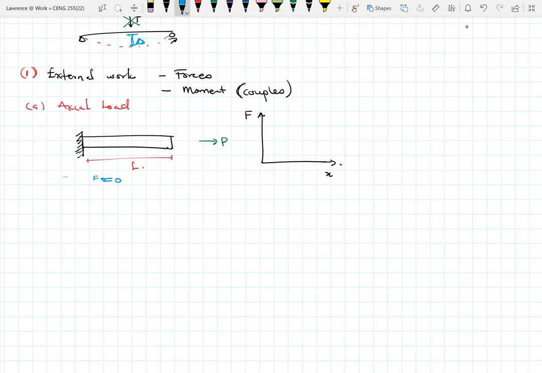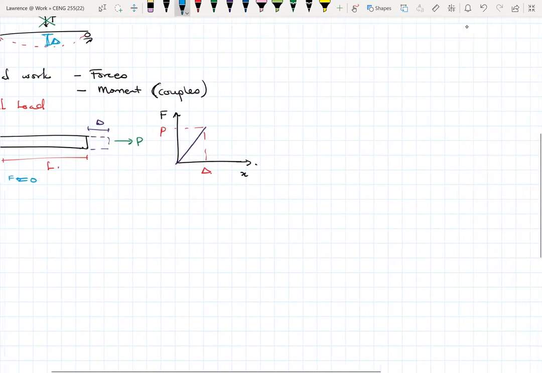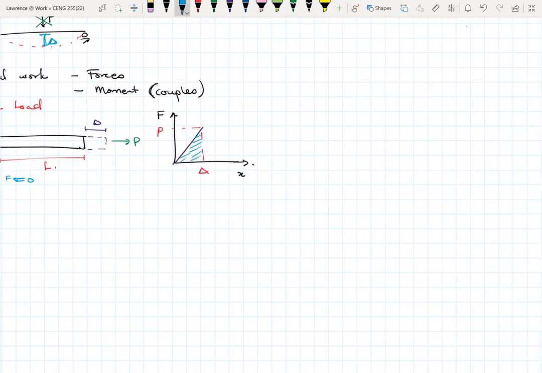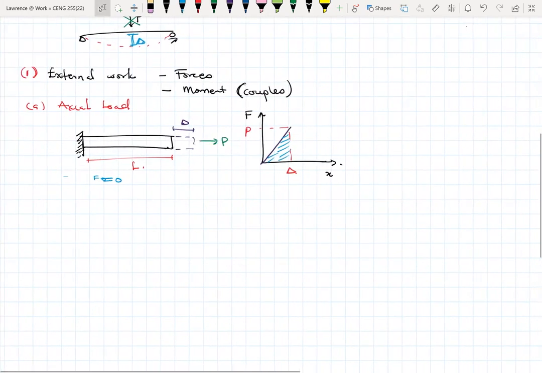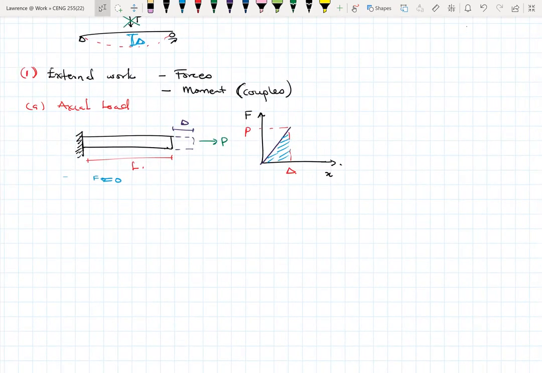But as I gradually increase the load F from 0 to P, there will also be a gradual increase in the deformation. So with time, this becomes my deformation at P. Based on that, I can have a triangular representation where this is P, and here I have delta. The area under this curve will be the external work done due to the axial load P.